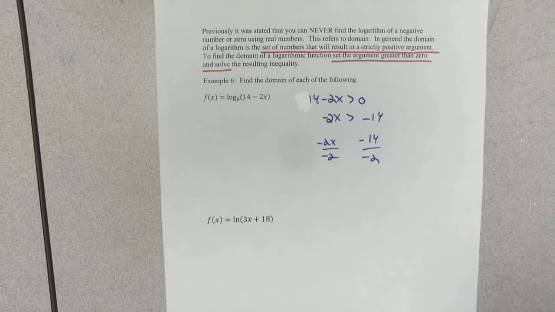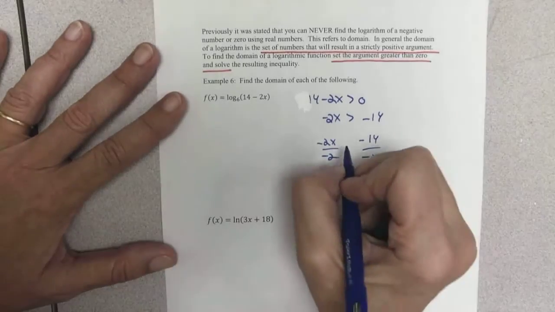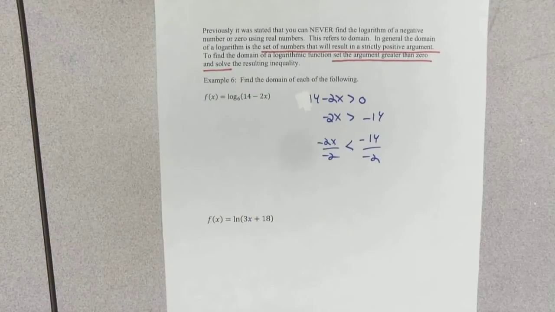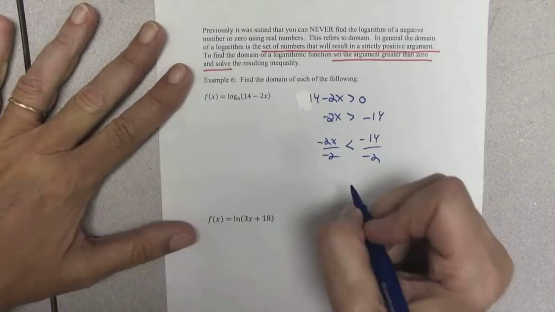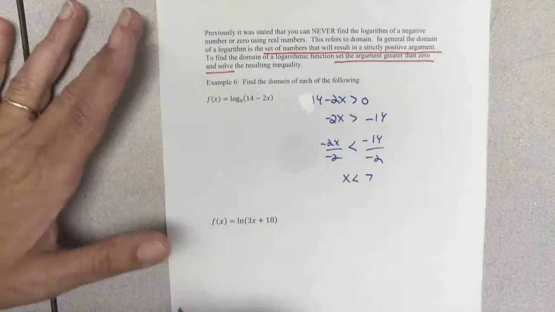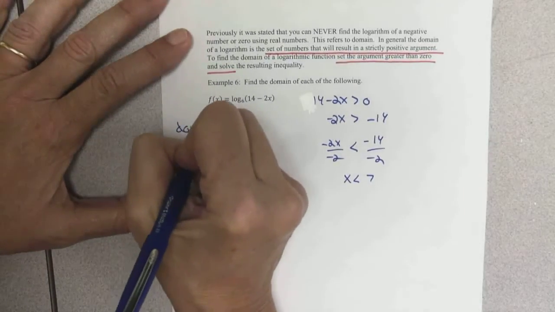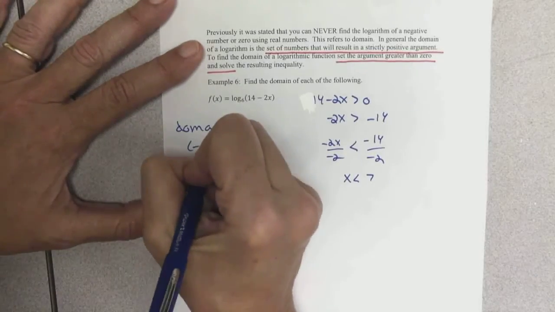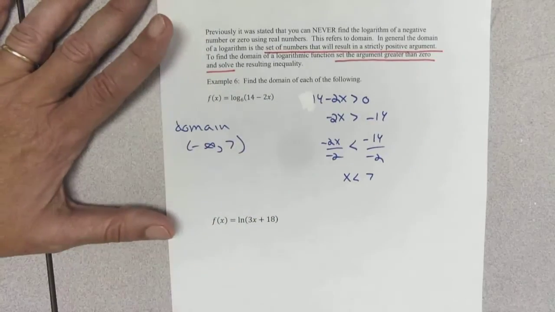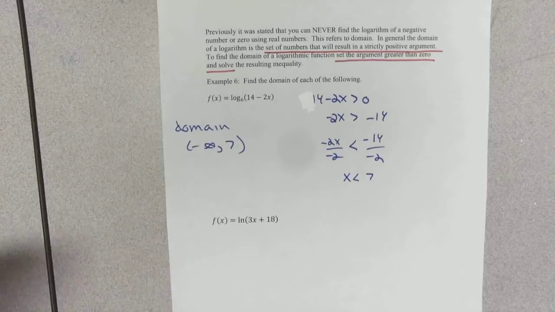And again, I would look at the class and say, what do we got to do here? We just divided an inequality by a negative number. And about 80% of the class would remind me to flip that inequality. And so we got x less than 7. And so my domain would be -infinity to 7 in interval notation.